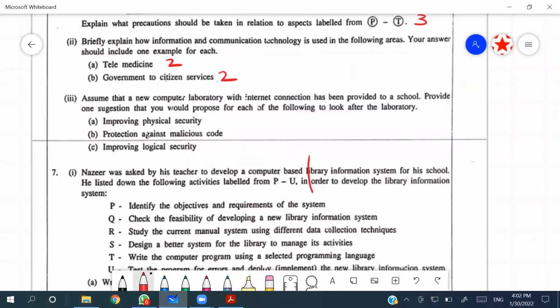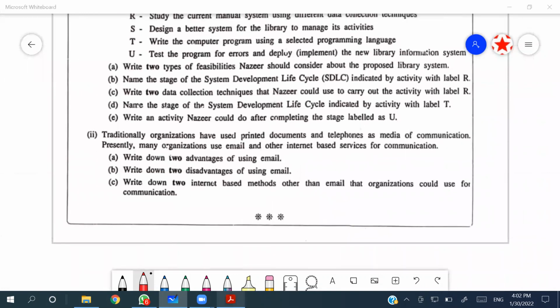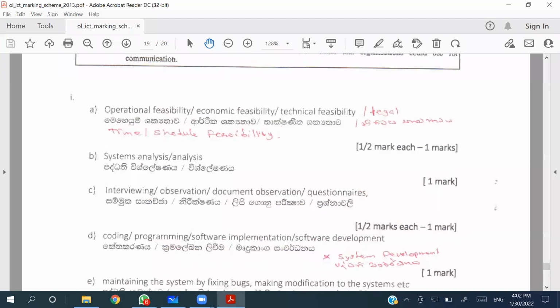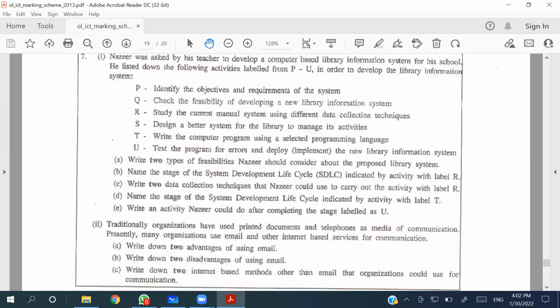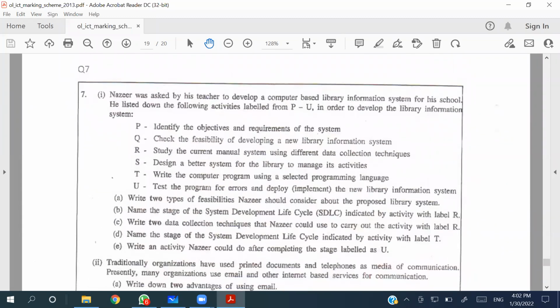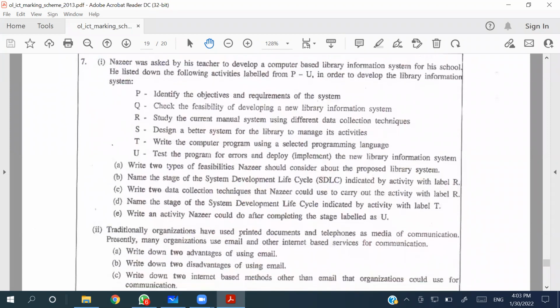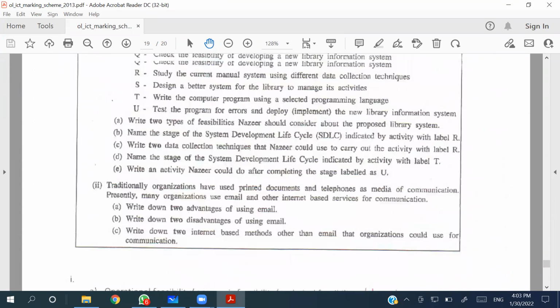So let's see how the things have gone with this. Yeah. Oh, they have taken it as system analysis. Yes, study the current manual system using different data collection techniques. Yes, that could be taken as a system analysis.